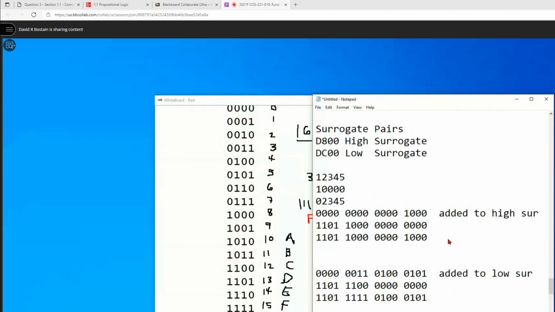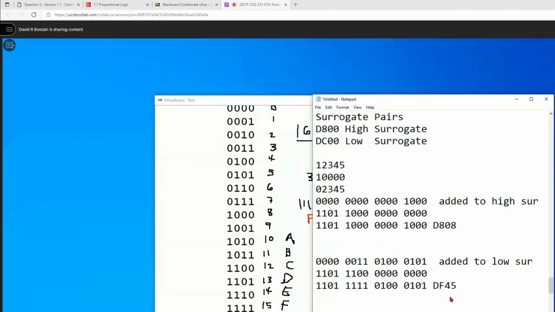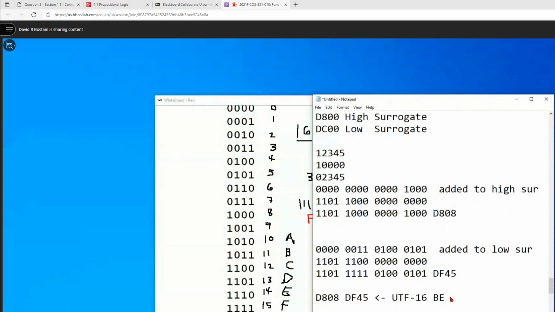So if we read this number out, this one is equal to D808, and this one is equal to DF45. If I take those two numbers, D808, DF45, I just wrote out the UTF-16 big endian encoding of that.